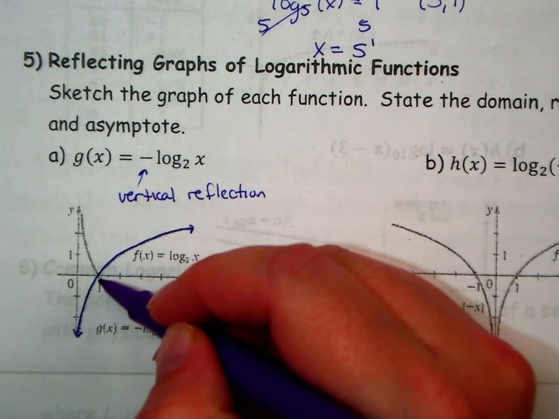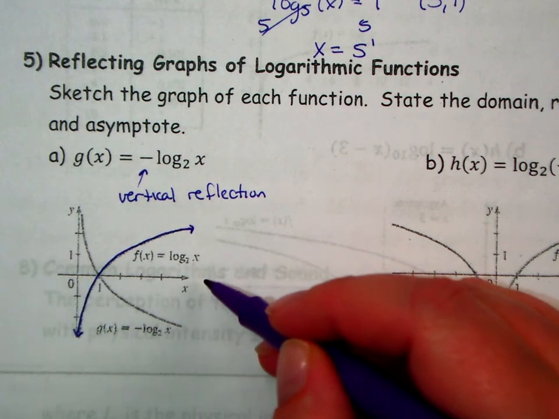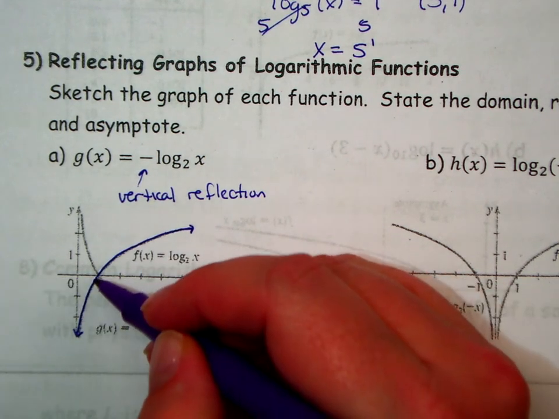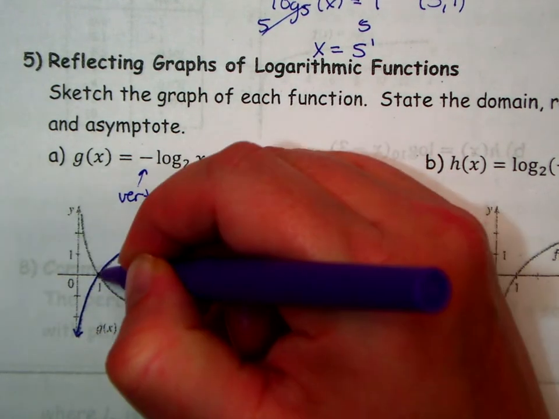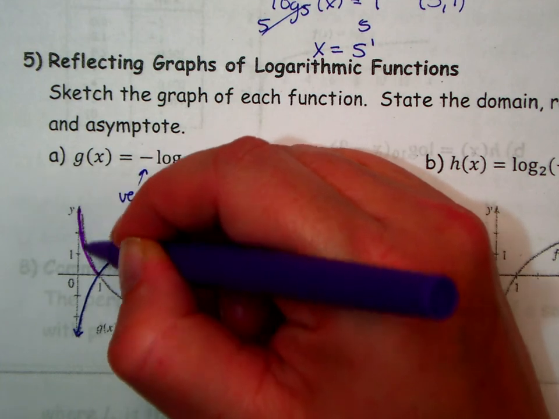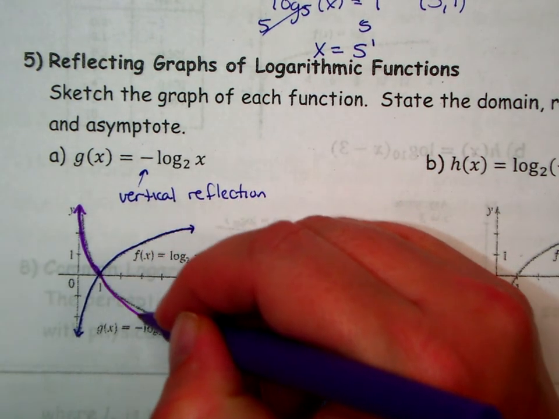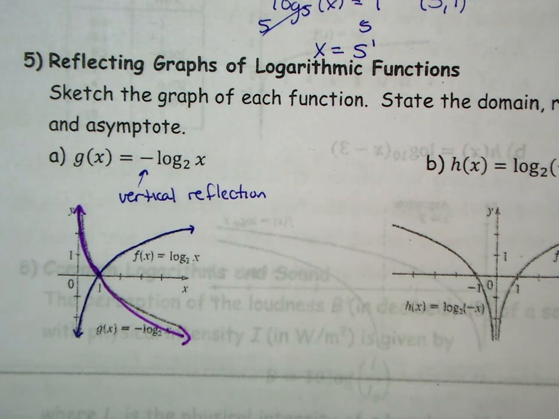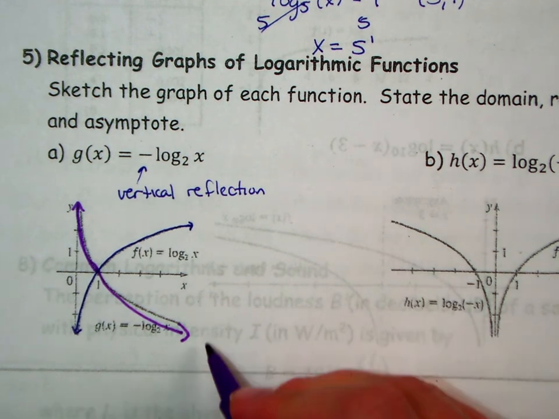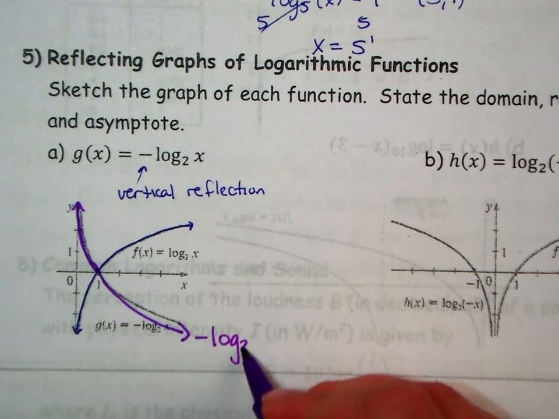Then this part, vertical reflection, means over the x-axis. So the part below the x-axis is going to get reflected up, and the part above the x-axis is going to get reflected below. Right? So there we have negative log base 2 of x.